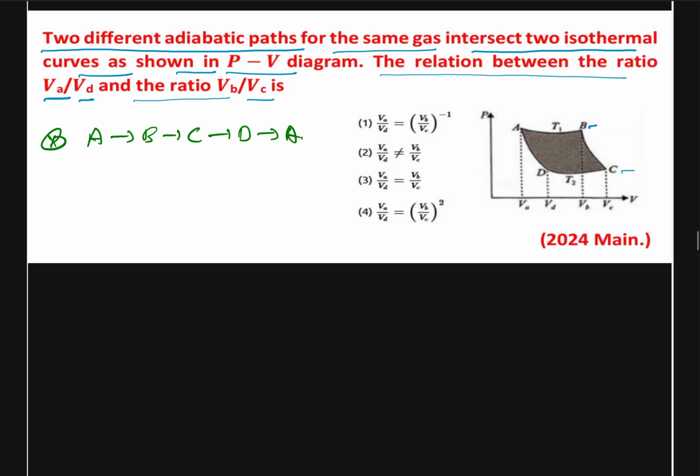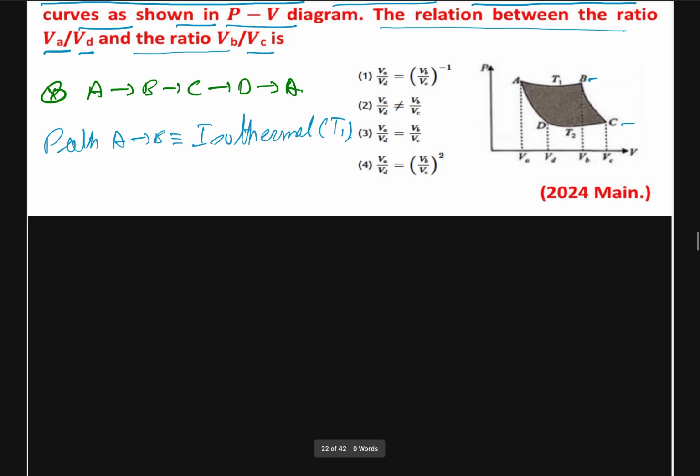So path AB is isothermal, and the temperature that is given is T1. Therefore, we can say that the temperature at A will be equal to the temperature at B, which is T1.